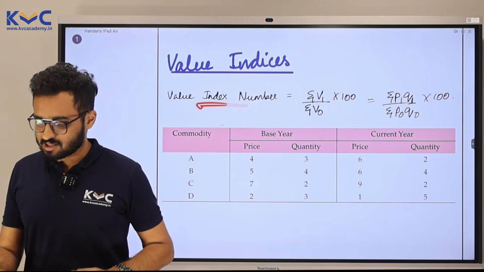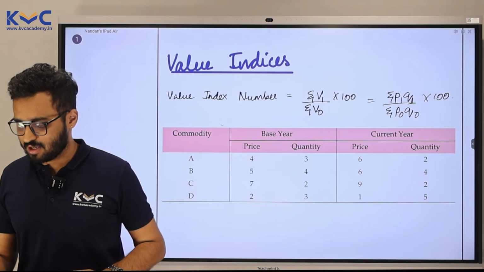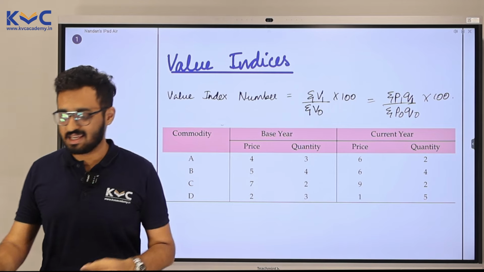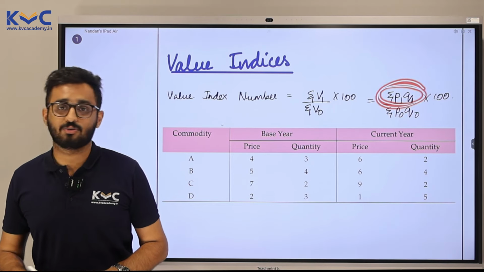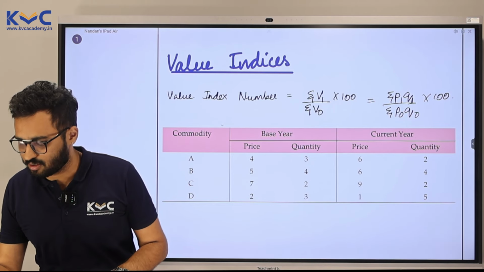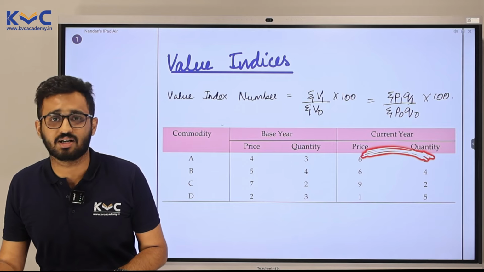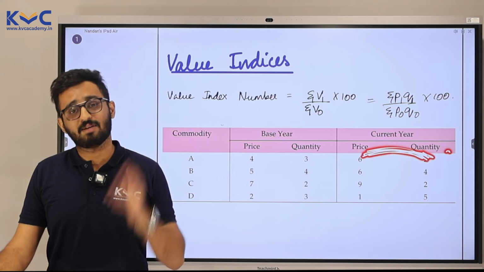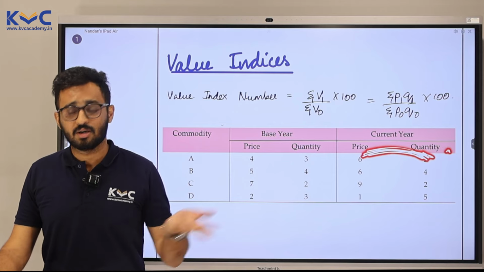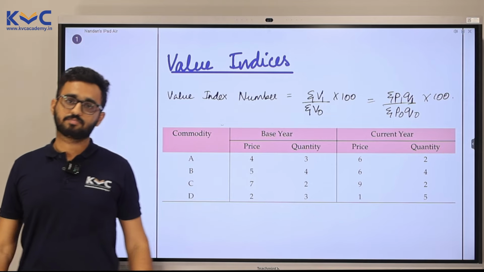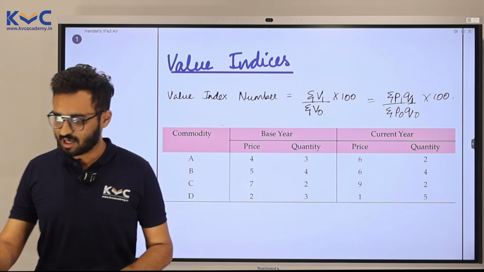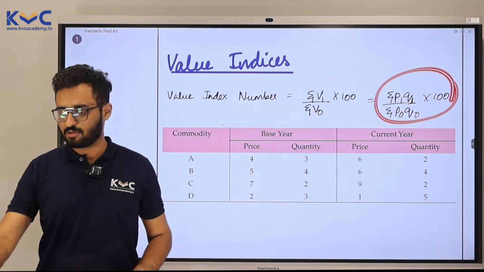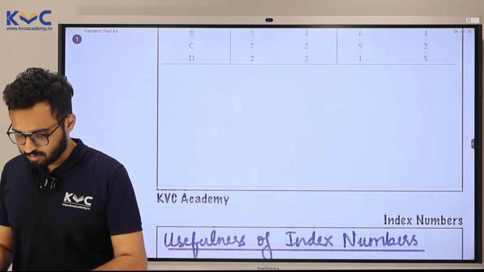So the value index number is calculated as summation V1 divided by summation V0 into 100, which is basically summation P1 Q1, current year price into quantity, that is current year's value, no? Simple. Divided by base year value. What is base year value? Base year price into quantity. Understood? So that is how we calculate value index number.